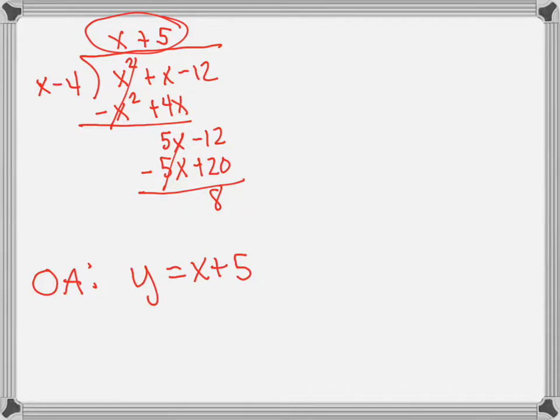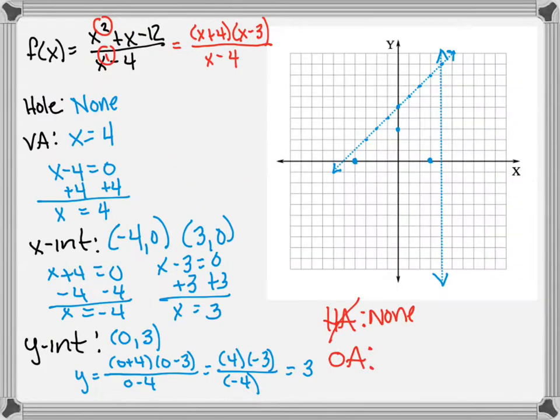So we will go back to the previous screen and graph that again. Okay, so I plotted our oblique asymptote by first plotting the point 0, 5. I used the slope to rise up 1, go over 1 to the right, and then I kept going and graphed multiple points and drew in our oblique asymptote as a dotted line.